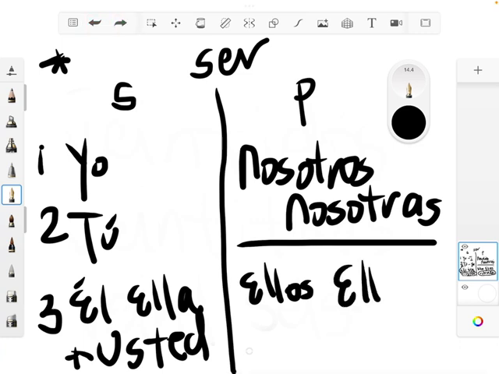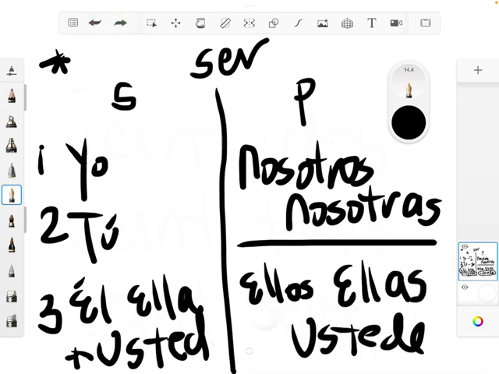All right. So, let's clear this up a little. There we go. Okay, so these are our pronouns. Okay? The text is going to get into it a little bit more. Vosotros is the form that we have here, and it basically means y'all. But we don't use the vosotros form in Latin America.